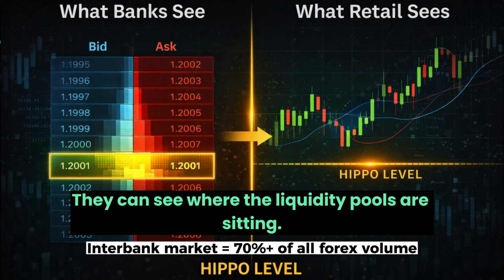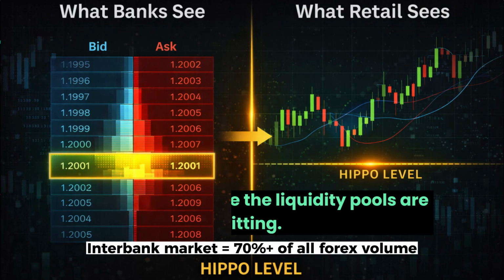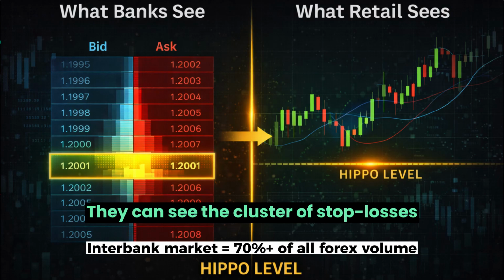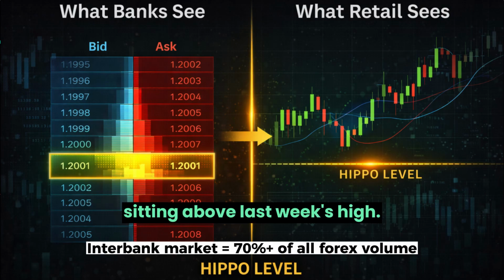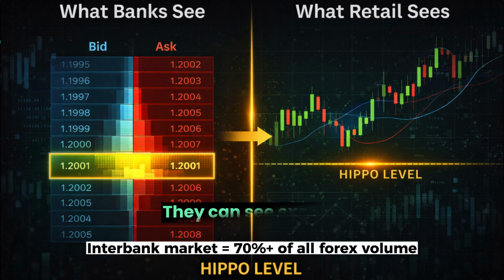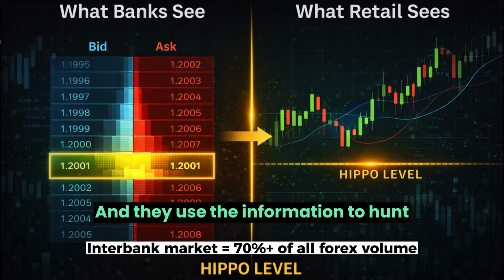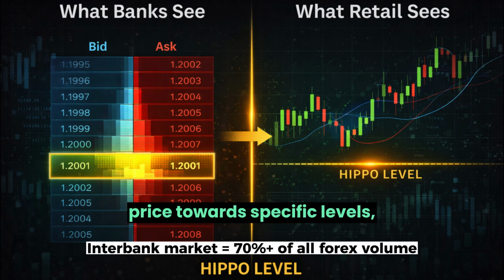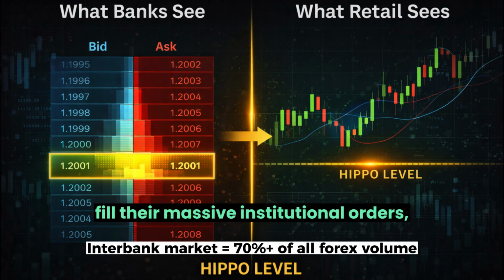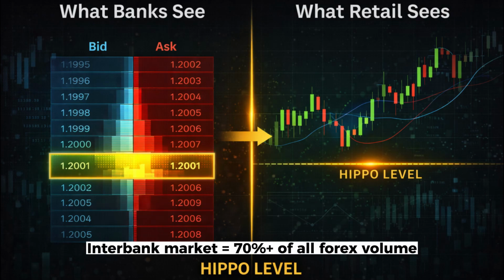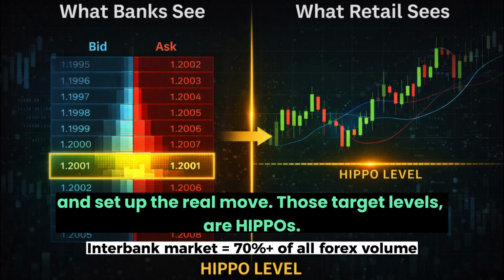They can see where the liquidity pools are sitting. They can see the cluster of stop losses sitting above last week's high. They can see exactly where retail traders are positioned, and they use that information to hunt price towards specific levels that clear liquidity, fill their massive institutional orders, and set up the real move.